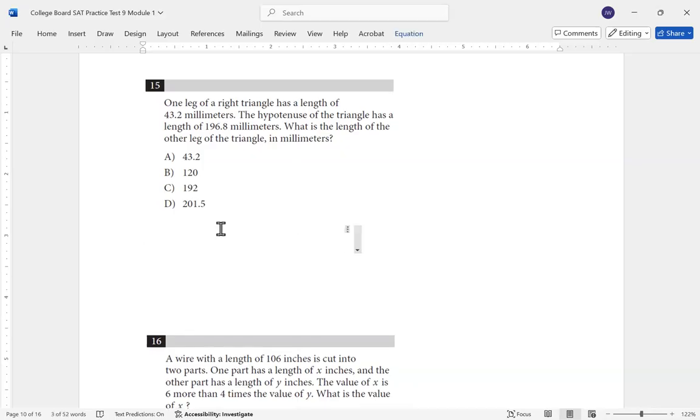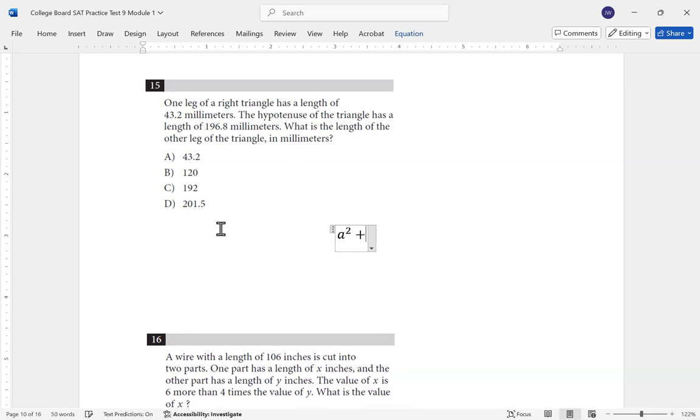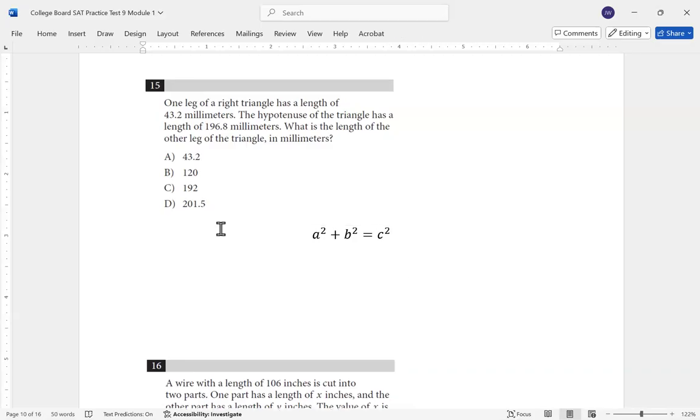And the Pythagorean theorem says on a right triangle, the square of the two legs added together gives us the square of the hypotenuse. If you forget that, it's actually on the formula and fact sheet on page 30 of the practice test.